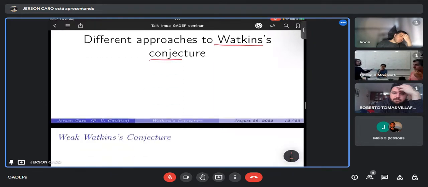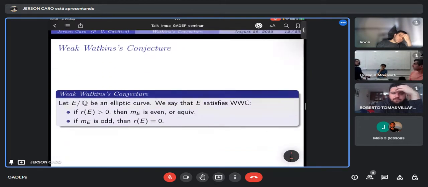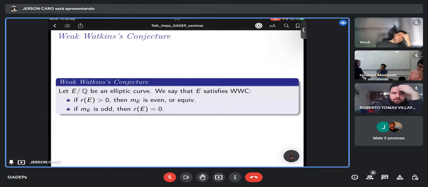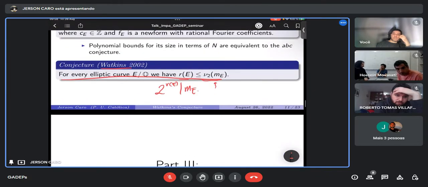Okay, let's start with this version of the Watkins conjecture. The weak Watkins conjecture is the basic case of the Watkins conjecture. If you see this, it says that when m_E is odd, r should be 0. Yeah, that's the thing.